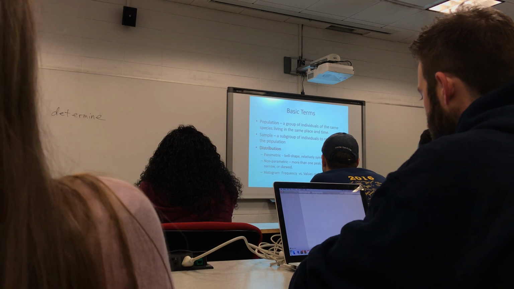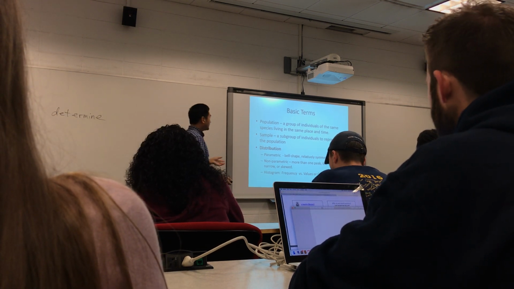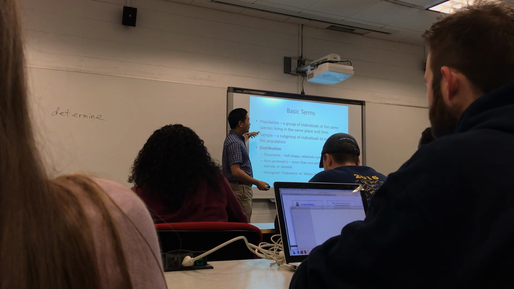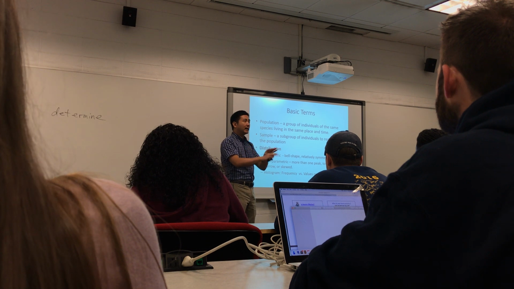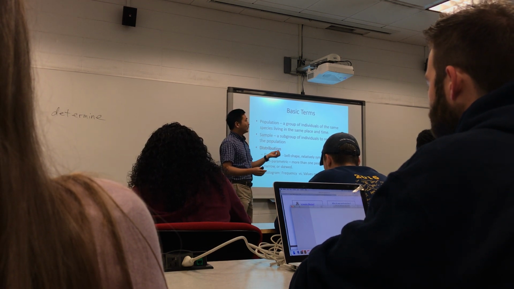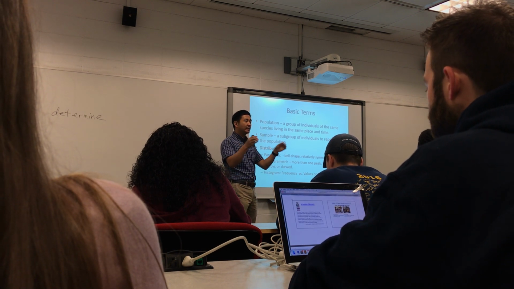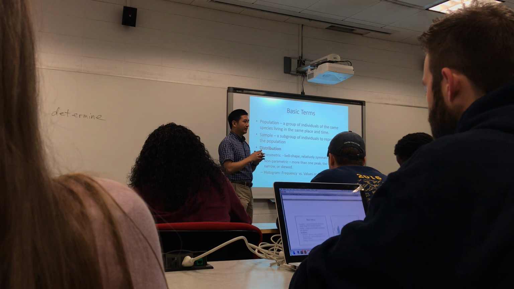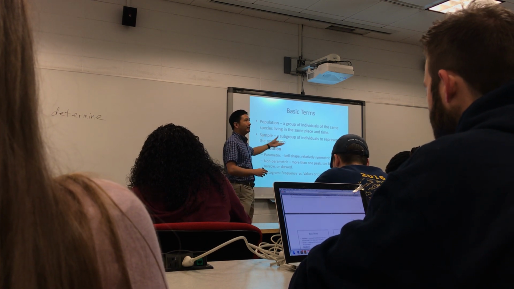Now we're going to look at the basic terms. Population, we already discussed, you know it already. Sample, so what is the sample? Sometimes, as I said, we cannot collect data for every single individual in that population. We have to take a small subgroup of individuals to represent that population.